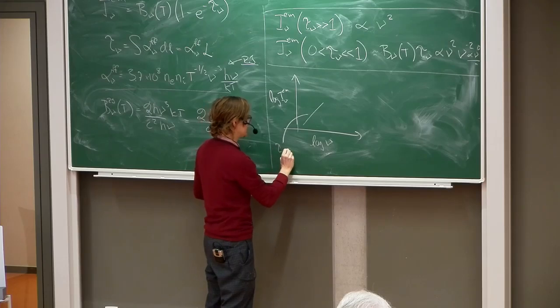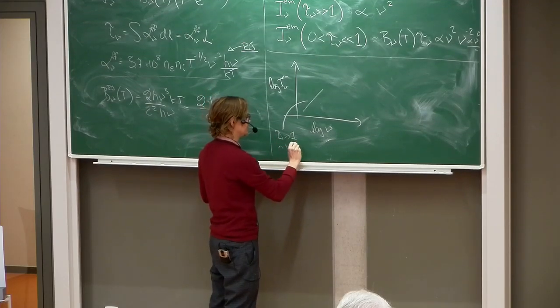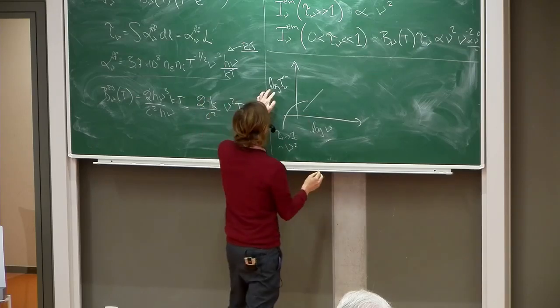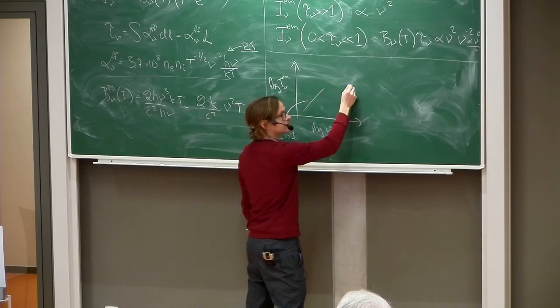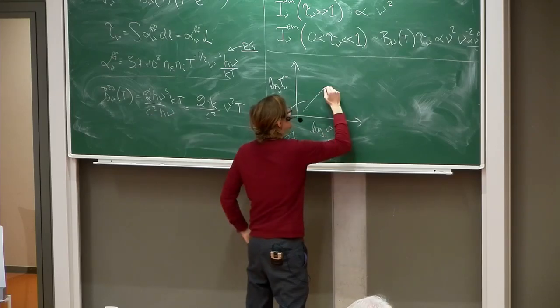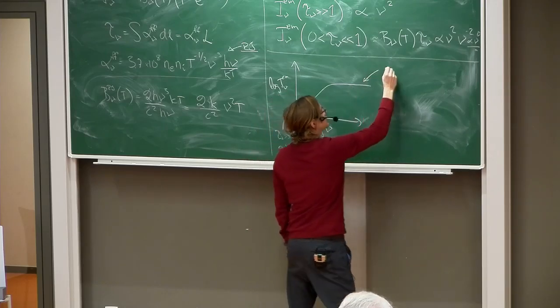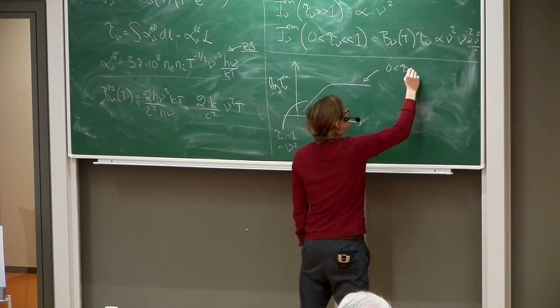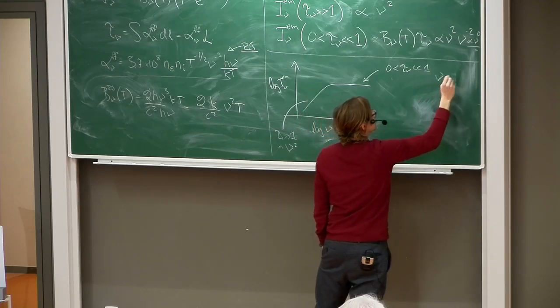Tau nu is much, much greater than unity, and this then follows nu squared. So in log, it's just a straight line. However, at some frequency it will become optically thin, and then it will transition to a region here, which is then optically thin, and where the frequency dependence is 0.